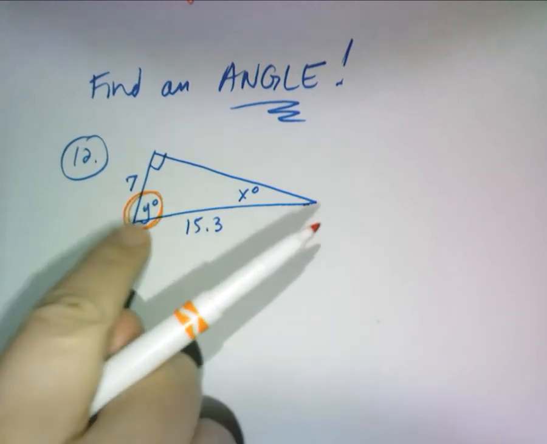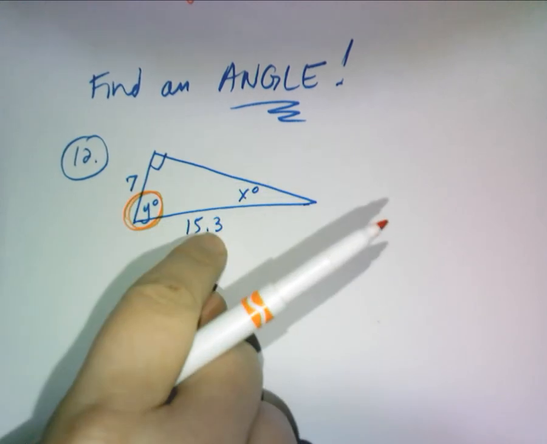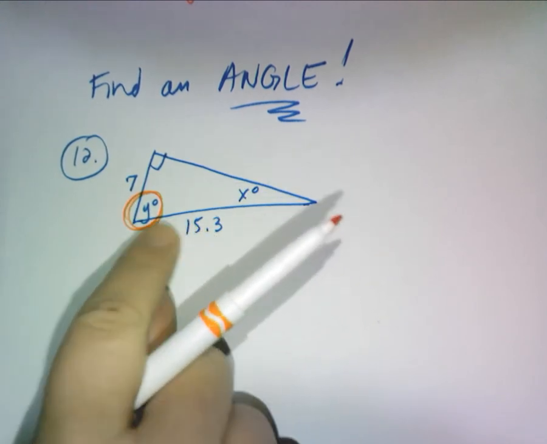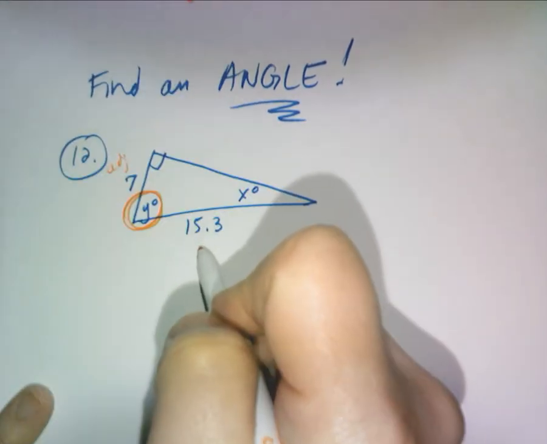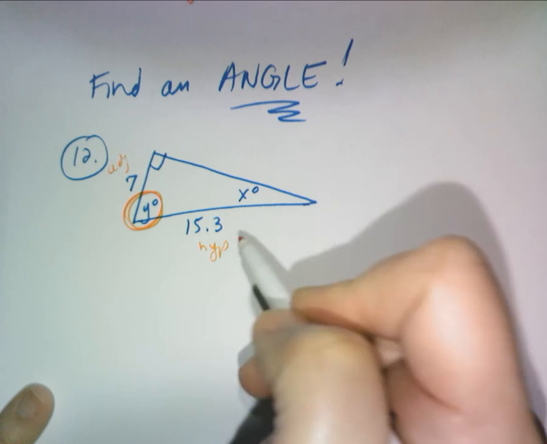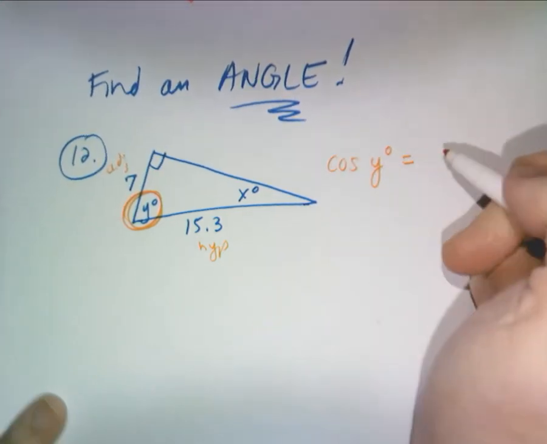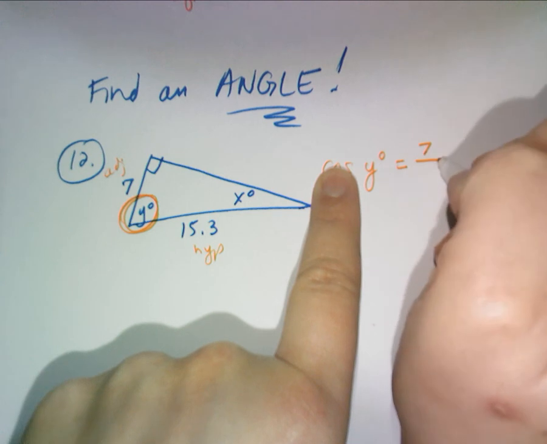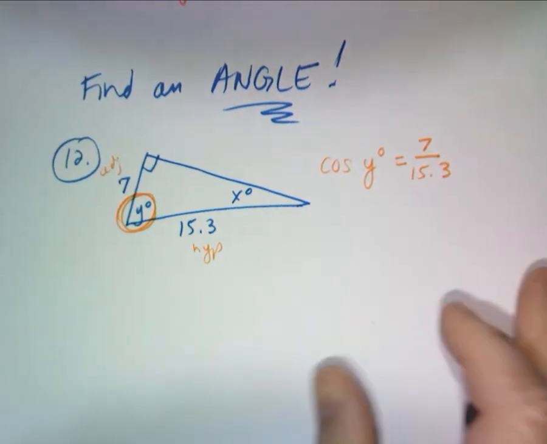Again, if you're standing at the angle y, how are these two sides related? This is the adjacent. This one is the hypotenuse. So it's cosine of y degrees equals the adjacent 7 over the hypotenuse 15.3. Here's the biggest thing.